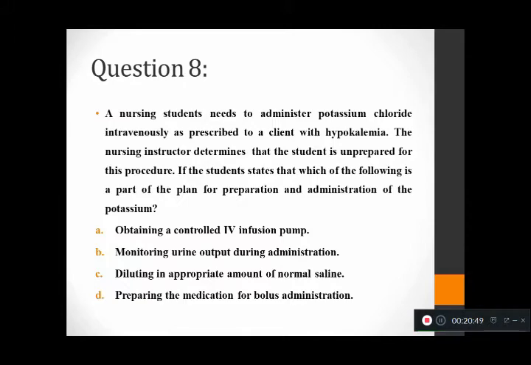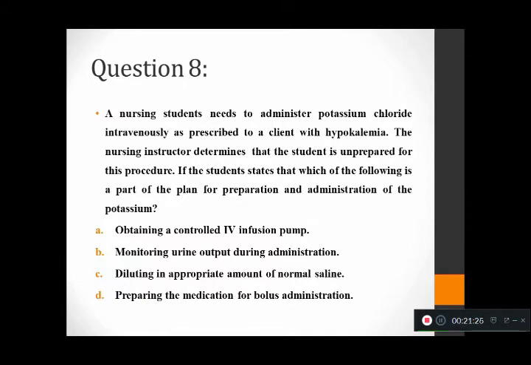The IV bag containing potassium chloride is gently agitated before hanging. The nurse should agitate the potassium chloride containing IV bag slightly, gently, and only then it should be hung on the IV stand. The IV site is usually monitored closely because potassium chloride is irritating to the veins and the risk of phlebitis exists. So when we give potassium chloride through the intravenous route, the chances are more for inflammation of the vein, which is called phlebitis.